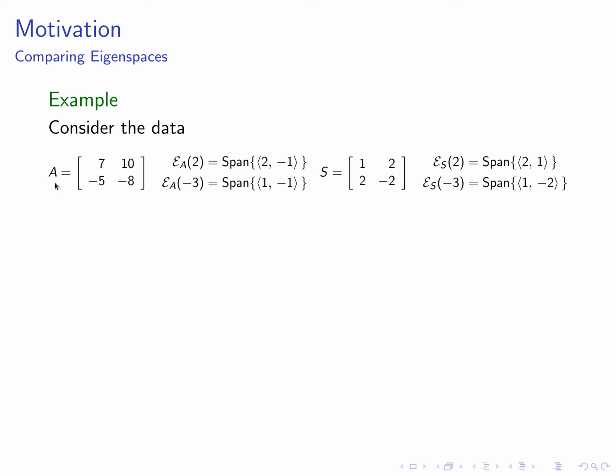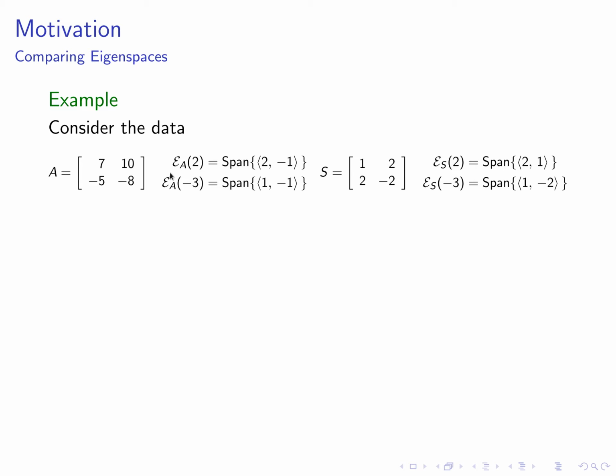This first matrix A has two different eigenspaces. The first eigenspace corresponds to lambda equals 2, and the dimension here is 1, and the basis vector is (2, -1). The second eigenspace corresponds to lambda equals -3, and the dimension of this space is also 1, and the single basis vector here is (1, -1).